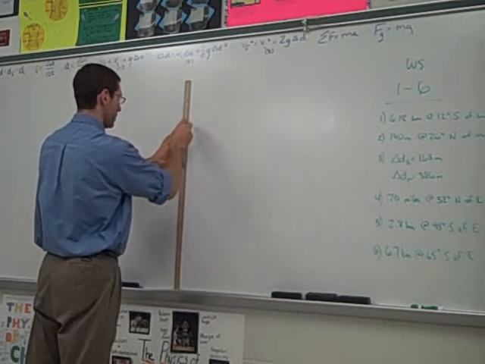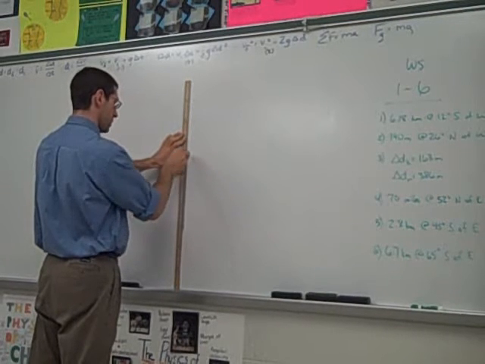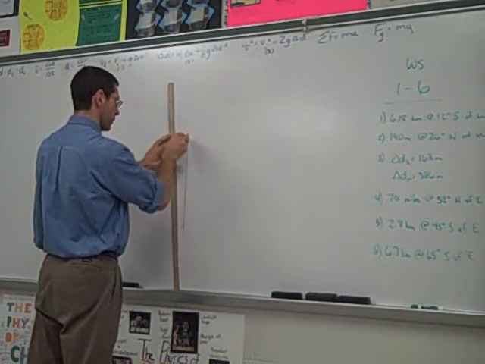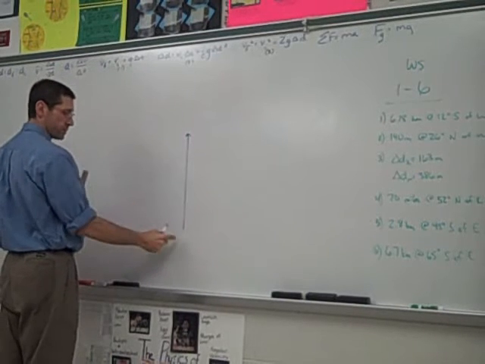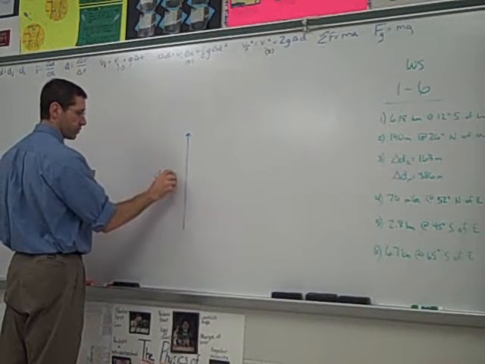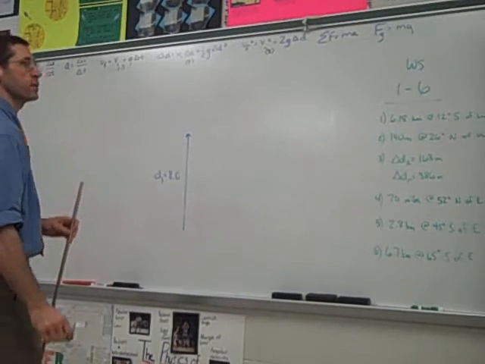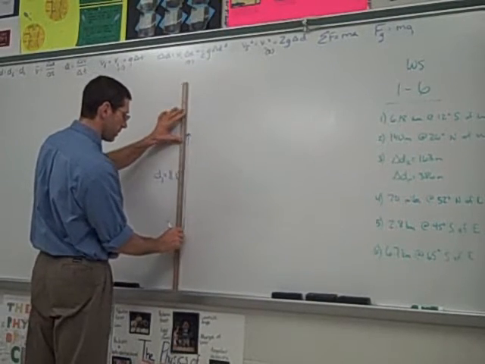All right. So first he walks 8 kilometers north. So we say the clown started here, and his first displacement was 8 kilometers north. And then the next one, he's going to go east of north, 35 degrees.